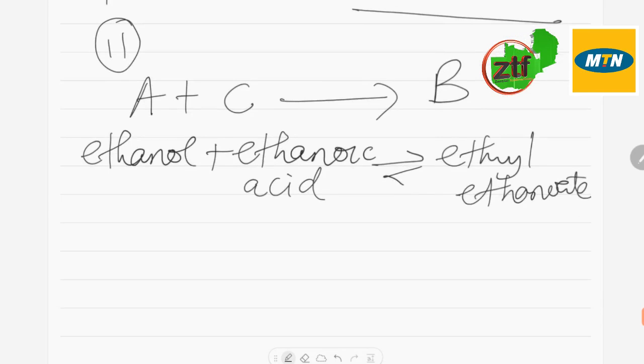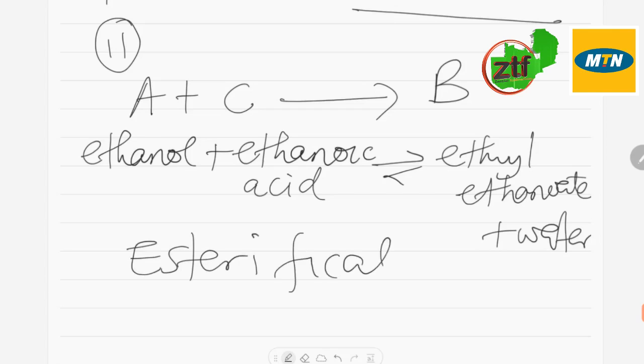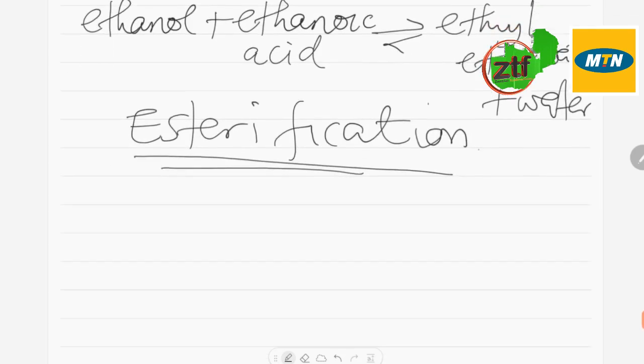The process in which an alcohol reacts with an acid to form an ester and water is known as esterification. So in this case, the process is esterification, in which A and C react to form B.